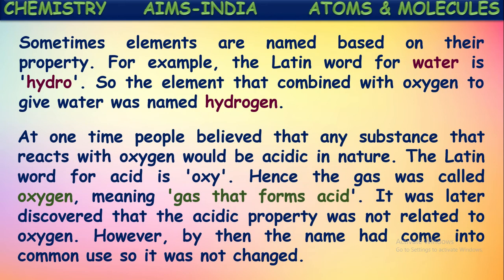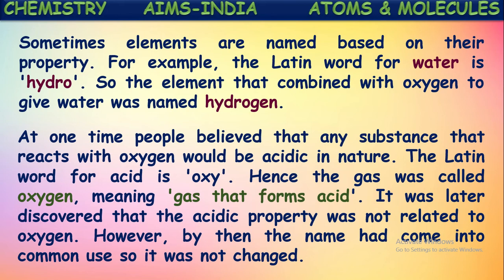Let us see one more example. At one time, people believed that any substance that reacts with oxygen would be acidic in nature. Yes, in the earlier days, before finding the exact properties of oxygen, they believed that any substance on reaction with oxygen forms some acidic substances. Which is reacting with oxygen will have certain acidic properties.